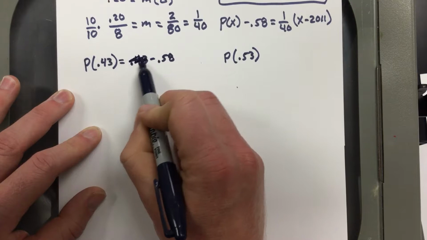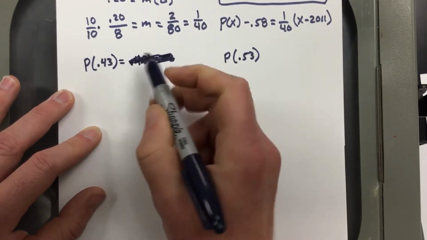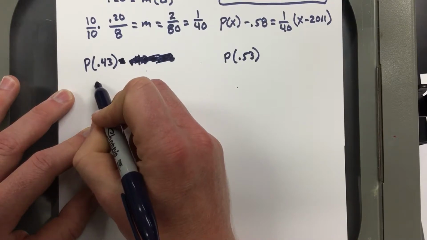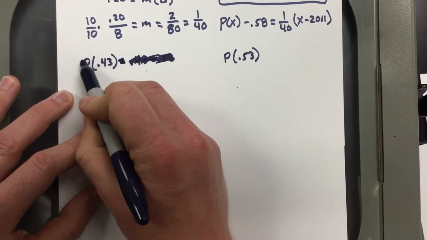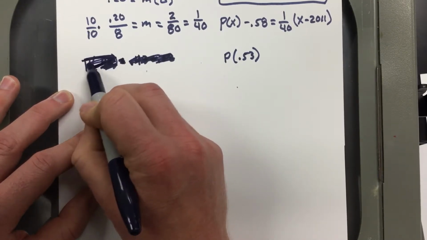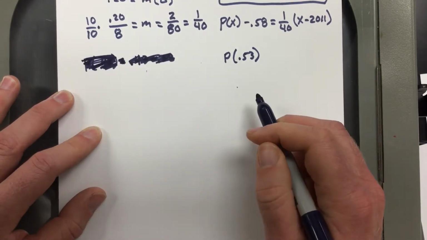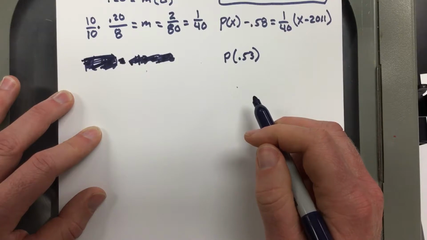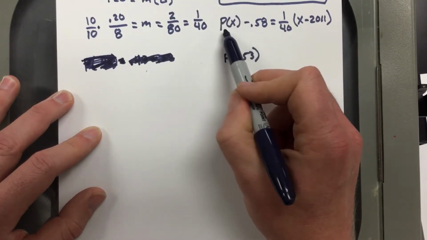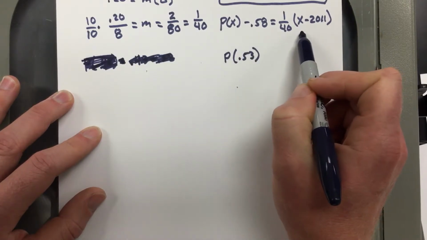Actually, I don't like how I'm writing this, and I'm going to run out of room. So I'm going to write this underneath. So I want to find P of 0.43, and I really botched this, guys. I'm not plugging 0.43 in for x, right? 0.43 is actually the percentage. I need to plug 0.43 in for P of x, not for x, because that would imply that that would be the year.